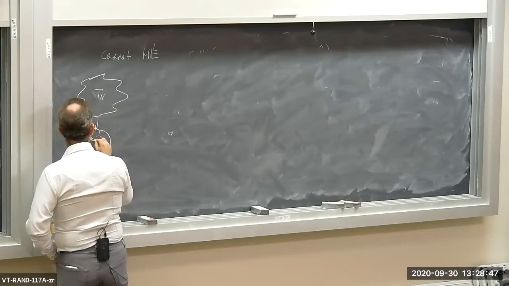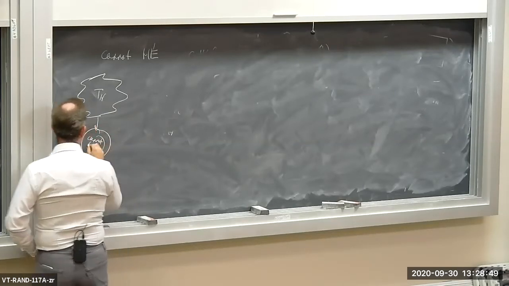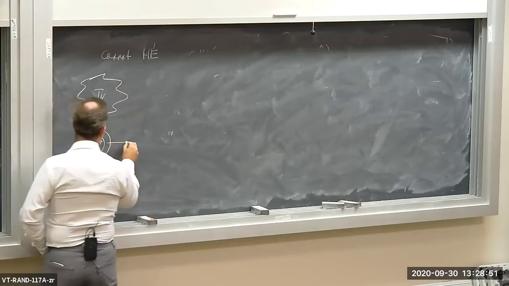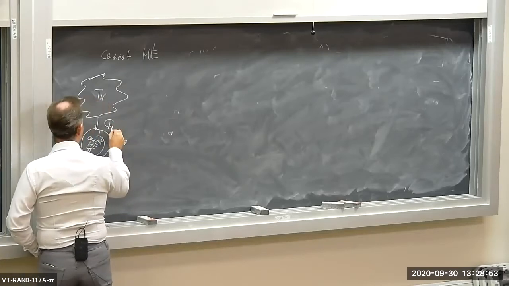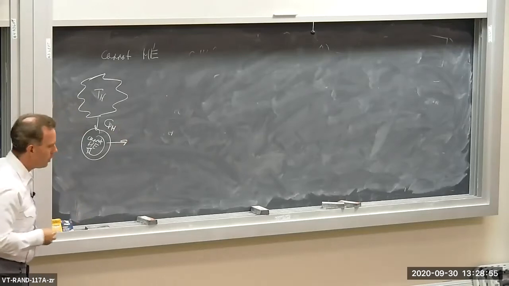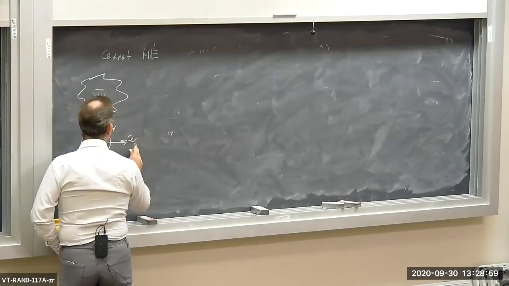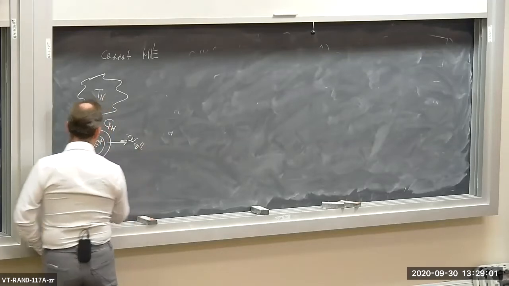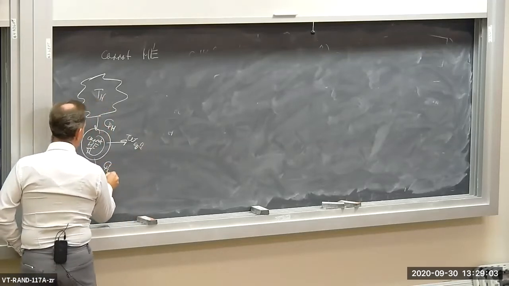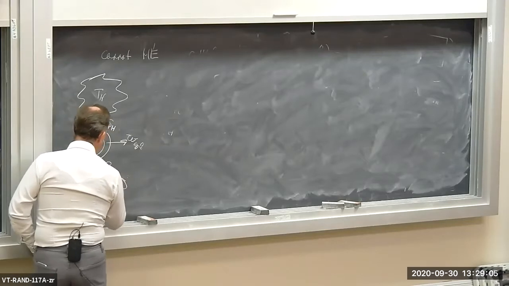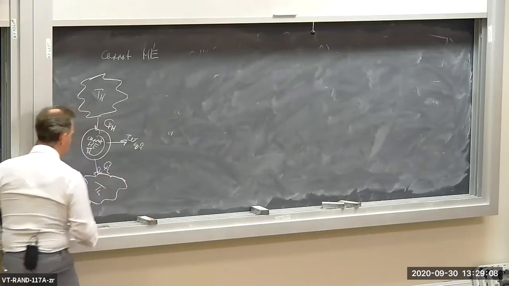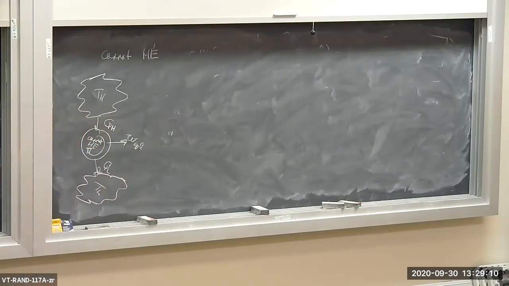It takes a certain amount of heat from a high temperature reservoir, produces a certain amount of work over a cycle, and rejects the remaining energy into a low temperature reservoir. Okay, so that's the Carnot heat engine.